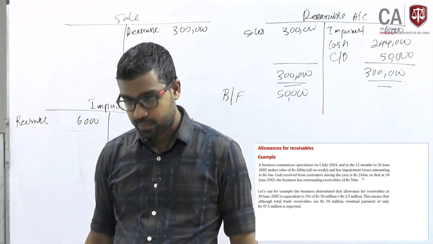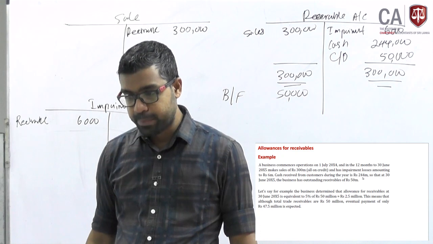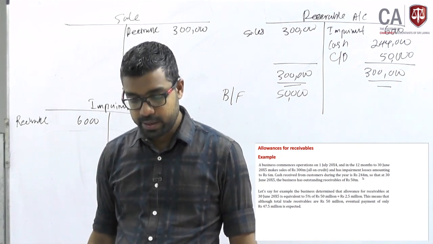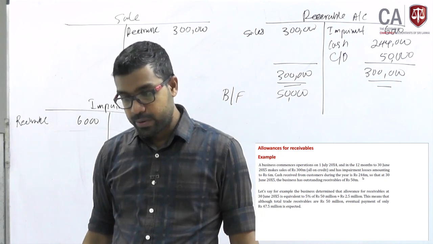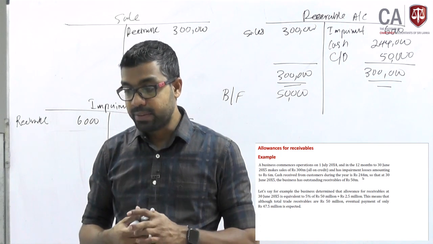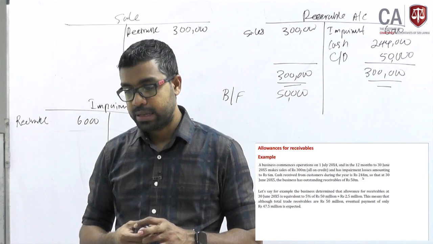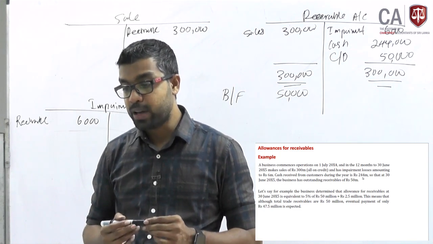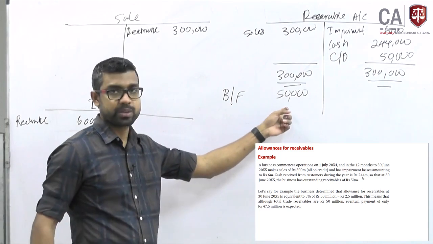Now, let's say, for example, second part of the question, right? For example, business determined that allowance for receivable at June 2005 is equivalent to 5% of 50 million. Your closing balance how much? 50,000.